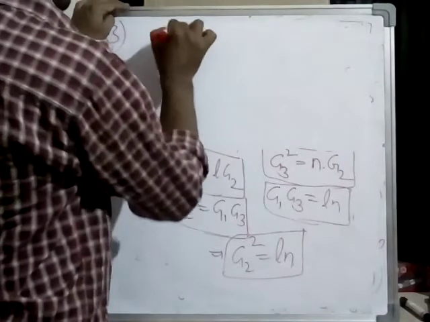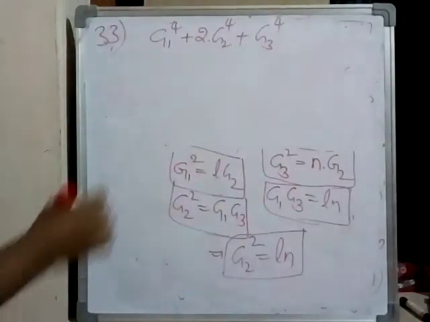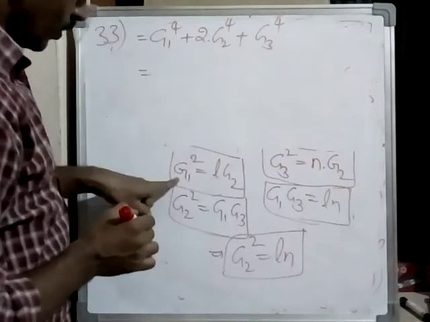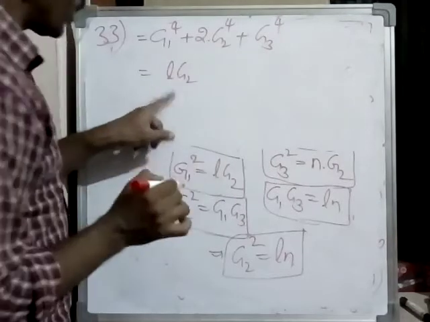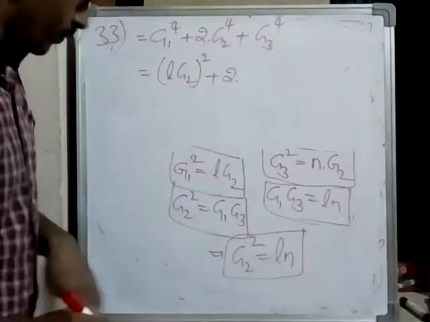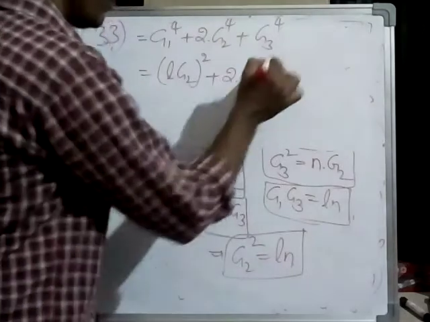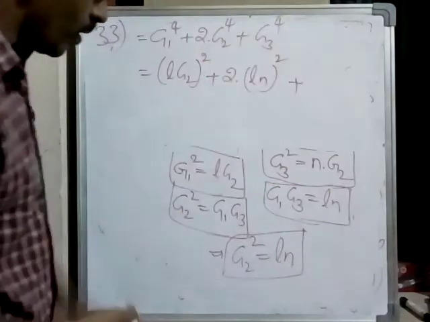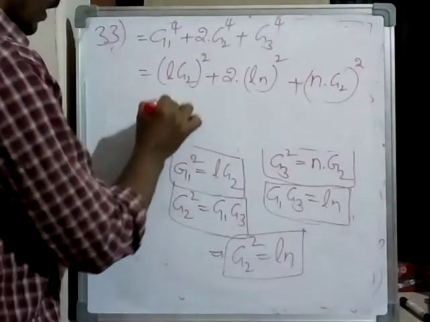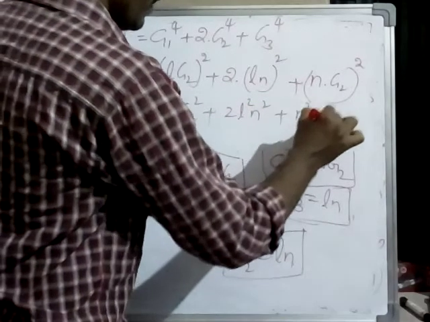G1 to the power of 4 plus 2 into G2 to the power of 4 plus G3 to the power of 4, in terms of L, M, N. Here G1 to the power of 4 is G1 square squared, so (L G2) squared, plus 2 into (G2 square) squared, which is (LN) squared, plus (N G2) squared. So L square G2 square plus 2 L square N square plus N square G2 square.